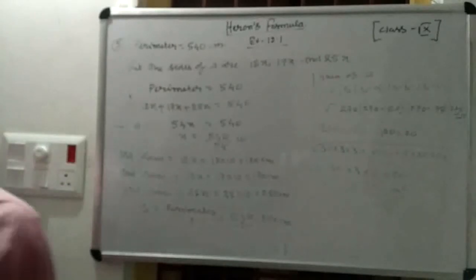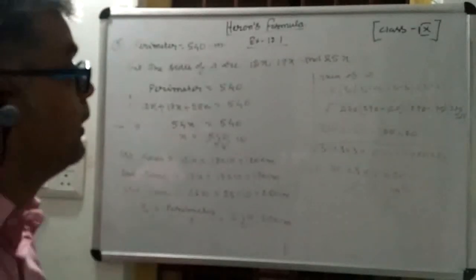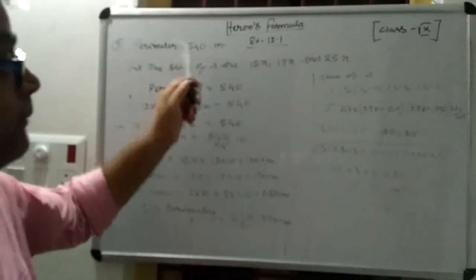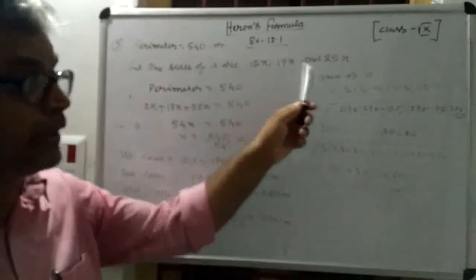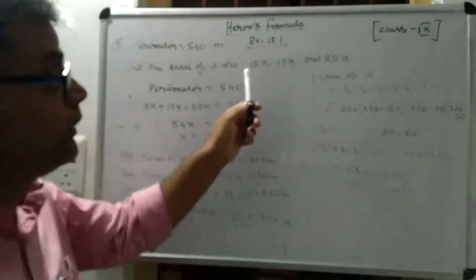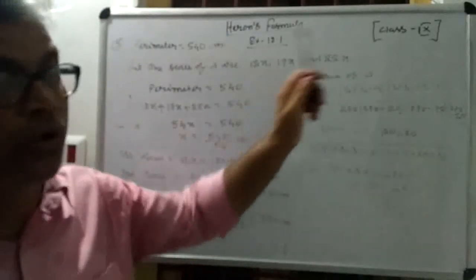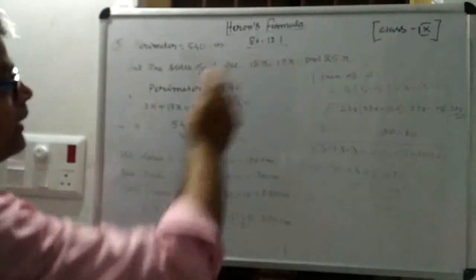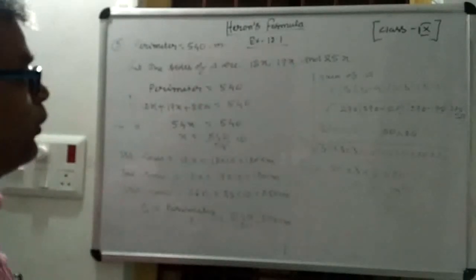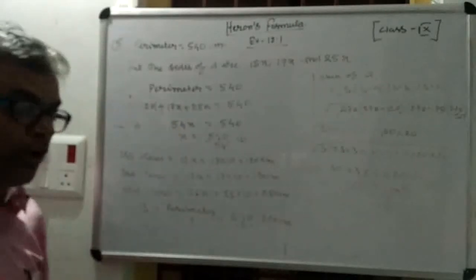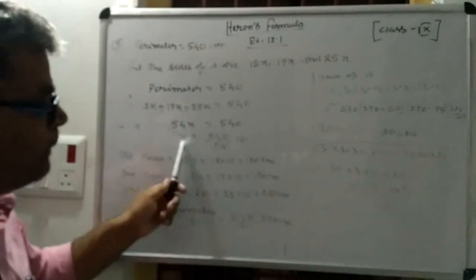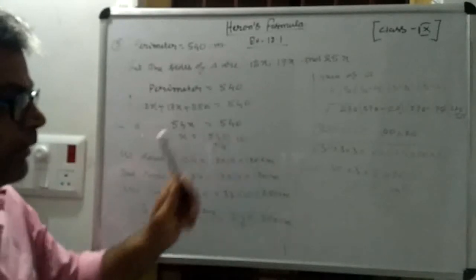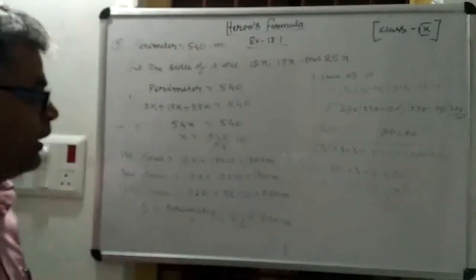So in this way, children, what we have done here: first the perimeter was given, we wrote the perimeter, and the sides were given in the ratio. So we assumed them as multiples of x. Then applying the formula for perimeter, we obtained the value of x as 10.